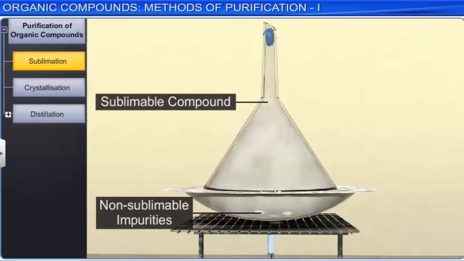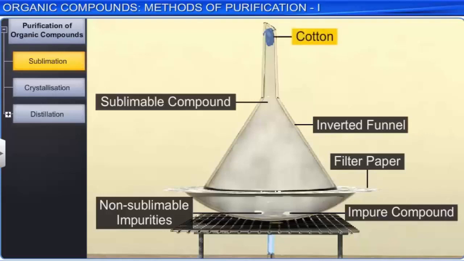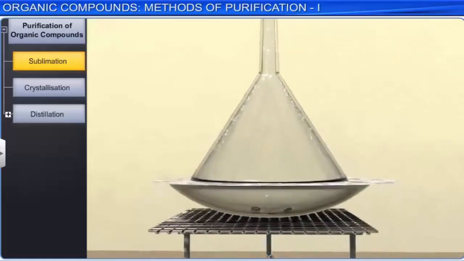In this process, the impure substance is heated in a dish covered with a perforated filter paper over which an inverted funnel is placed. The stem of the funnel is plugged with a little cotton. Vapors of the solid, which sublime, pass through the holes in the filter paper and condense on the cooler walls of the funnel. The non-volatile impurities are left behind in the dish.